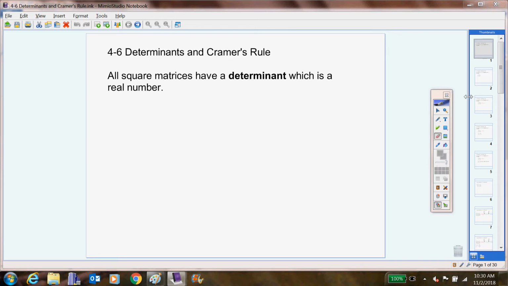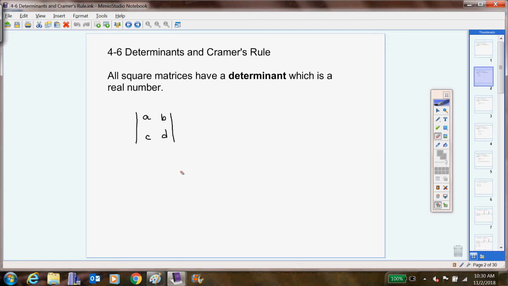So first we need to talk about the fact that all square matrices have something called a determinant. And that determinant does boil down, after you do some calculations, into one single number, one real number, which, as you know, means a decimal or a fraction or a whole number or an integer.